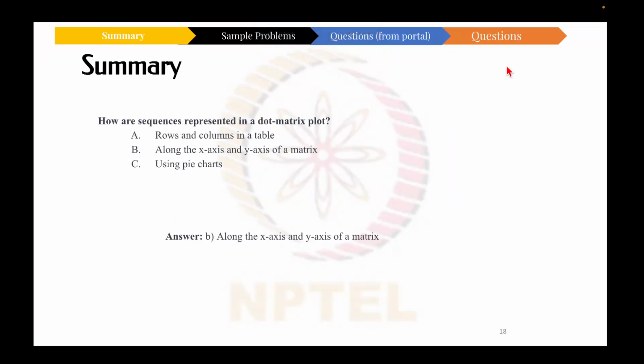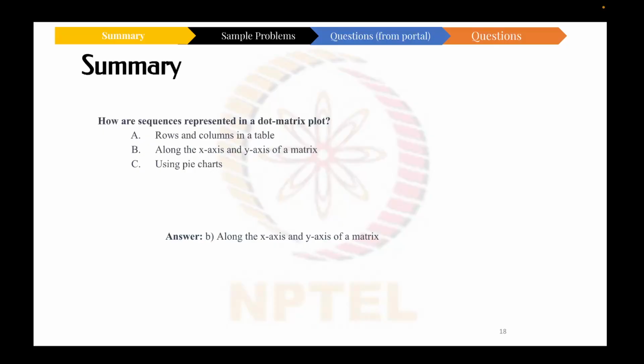So here, along the x and y axis of the matrix, can anyone tell me what will be the disadvantage of dot matrix, or when the dot matrix becomes clueless or can't help us? Sir, when we have more than two sequences.